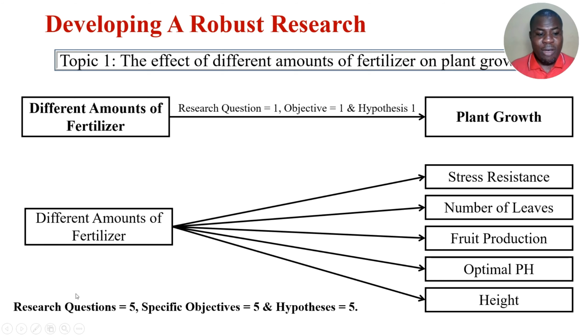So you can see now I have my research questions equal to 5, which means each of the lines from the independent variable to the 5 dependent variables.